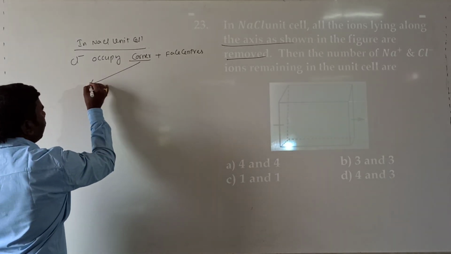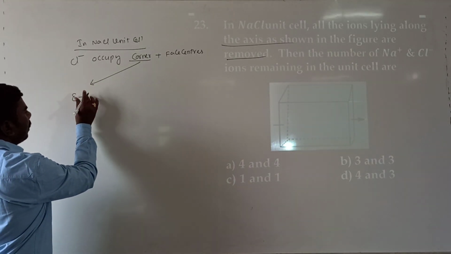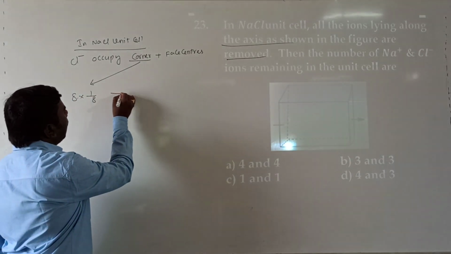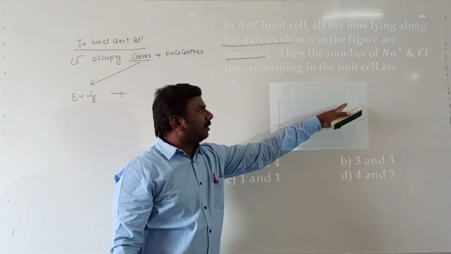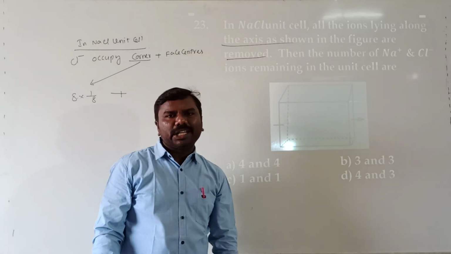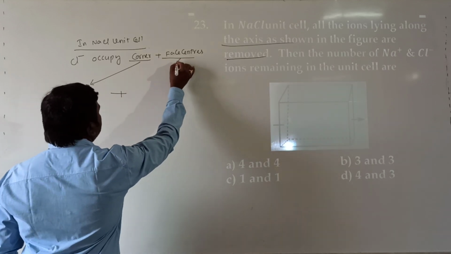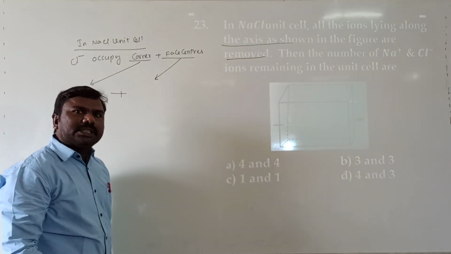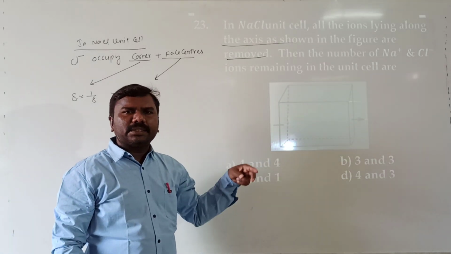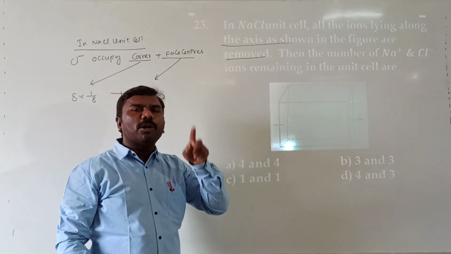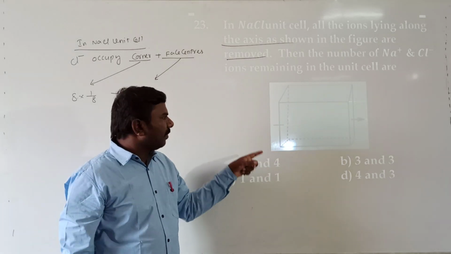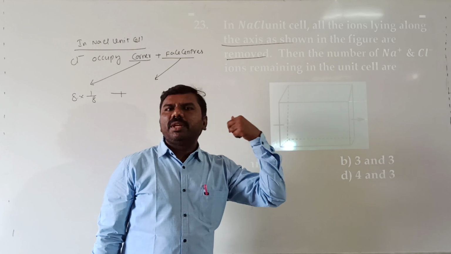Corner contribution, totally 8 corners are there. Each corner contribution will be 1 by 8, we know, plus all corners, no removal of corner atoms, no problem, you can take 8 corners, plus face centers. Totally 6 faces are there. When you pass an axis through 2 faces, that may be left-right faces, top-bottom faces or front-back faces, from left to right face, this face center and this face center atom will be removed.